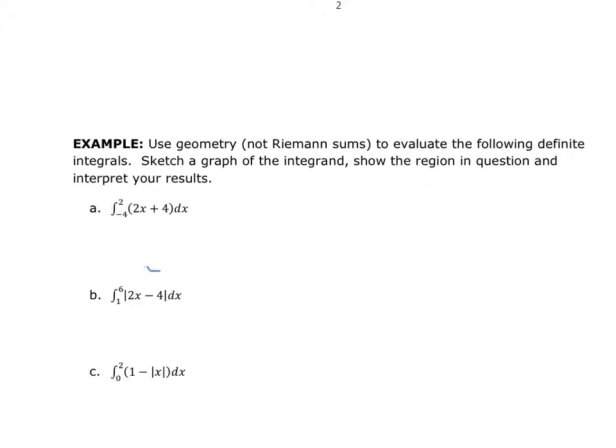So if I'm asked to find the area, then I'm going to graph this. This is just the line y equals 2x plus 4, in which I'm going to start at 4 as my intercept, and then I'm going to have a 2-1 slope. So I'm going to go up 2 and over 1. So it's going to have some kind of shape like this.